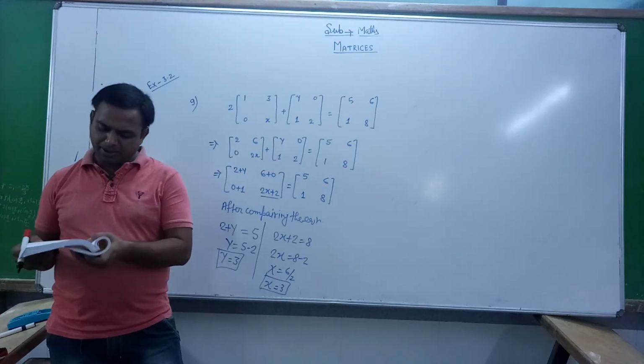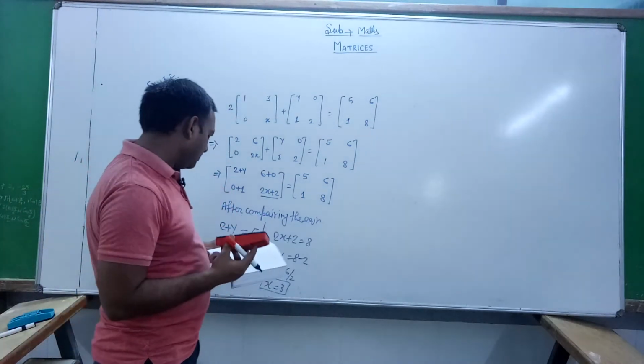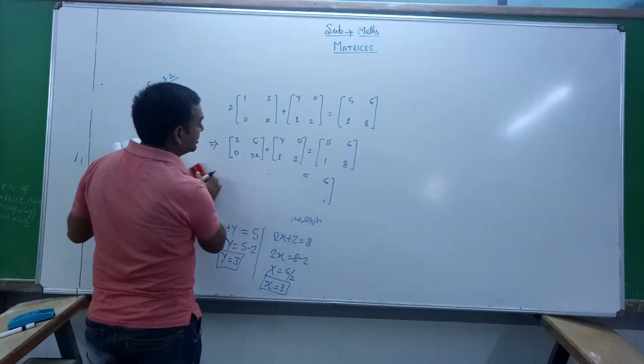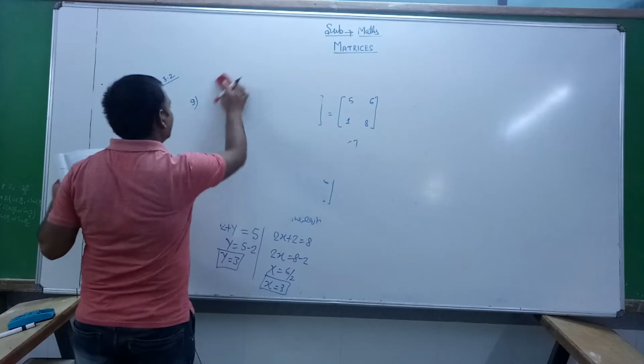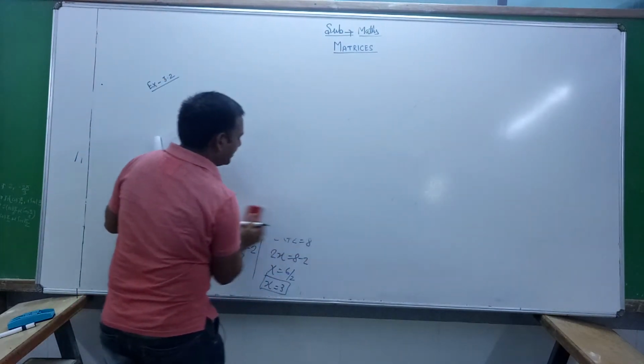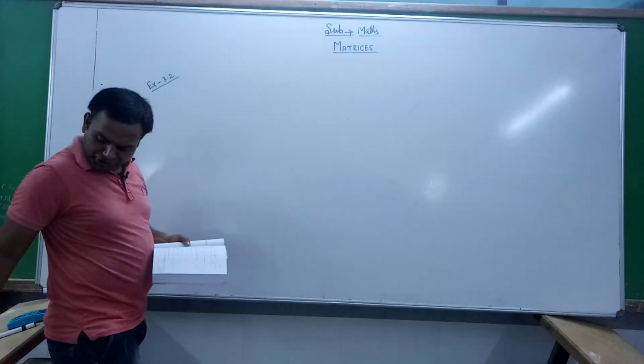Next, questions 10, 11 and 12 are all the same, so we are solving question number 11. You see, I solve question number 11. You can apply these methods and solve these questions.